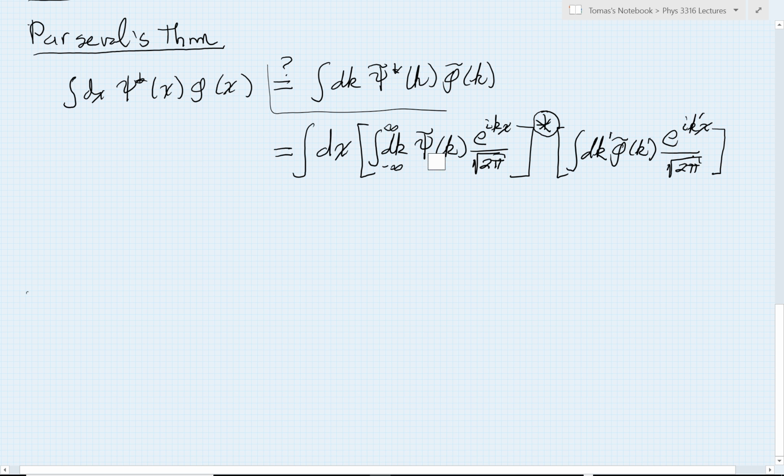There could be imaginary numbers in psi tilde, so I better make sure to flip all their signs, and the way I remind myself of doing that is I would put my star on that psi. Next, there's no i in 2 or pi or the square root of 2 pi or in the k or in the x or in the e, but there's definitely an i here, so that i has to have its sign flipped. And by this point, I've actually flipped the signs on all of my i's, so I can get rid of this outside star. I can check it off. I took care of all of those.